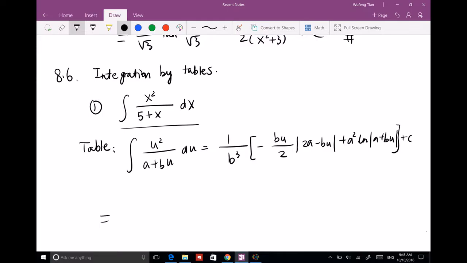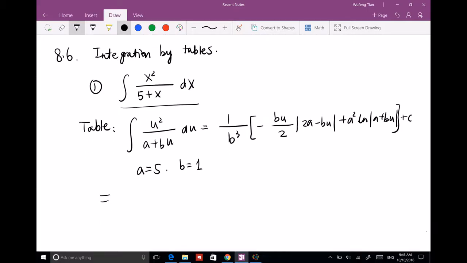So here, I want a student to tell me what is A, what is B. Bella, could you please tell me what is A, what is B here? A is 5. X is U. B is what? 1. Very good.